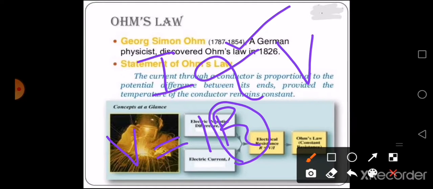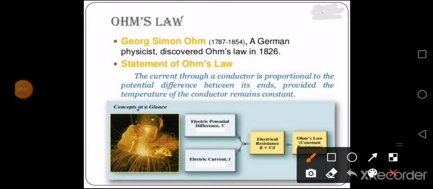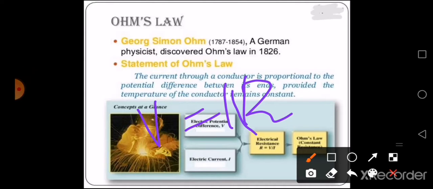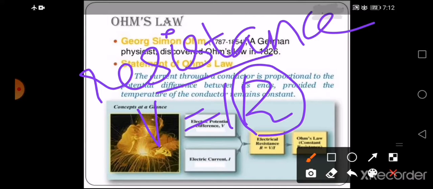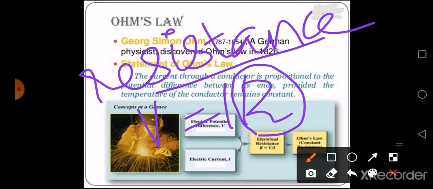From Ohm's law we got the equation V = IR, where R is a proportionality constant and this constant is actually the resistance of the given conductor, right? This R will be constant at the given temperature according to Ohm's law.